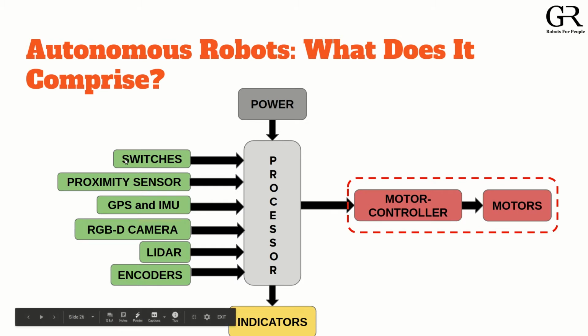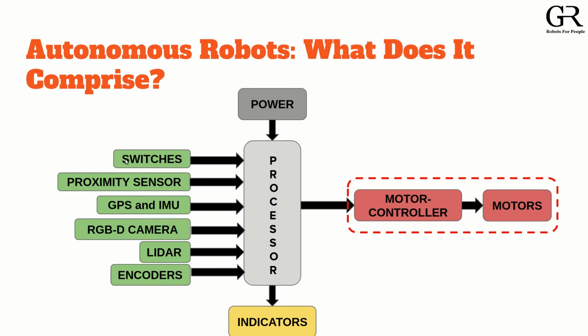Switches are a very basic thing which you have seen from level 1 robots, and they have 2 stages or 3 stages, or else multiple stages. You can use any type of switch which can act as a different input for the robotic system.